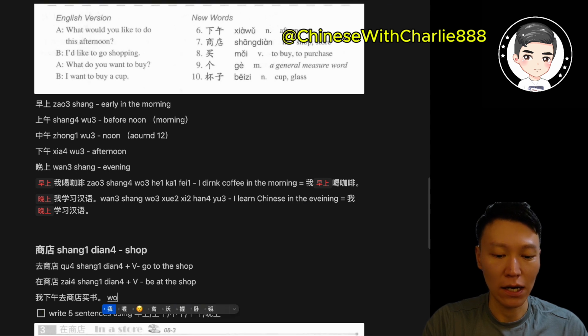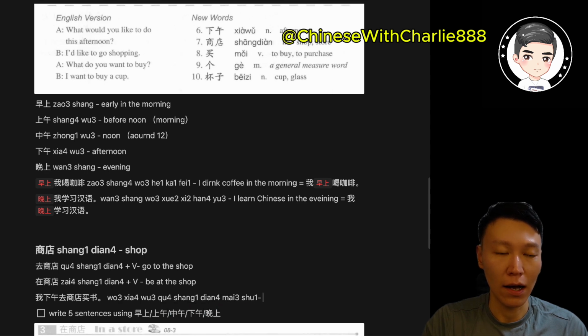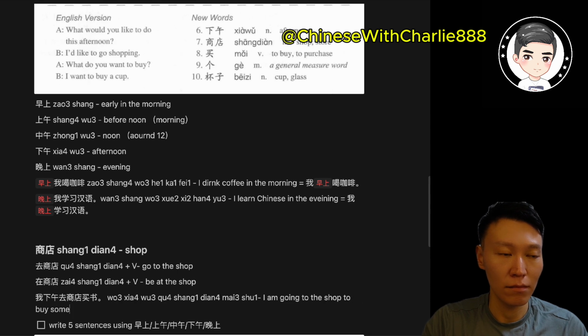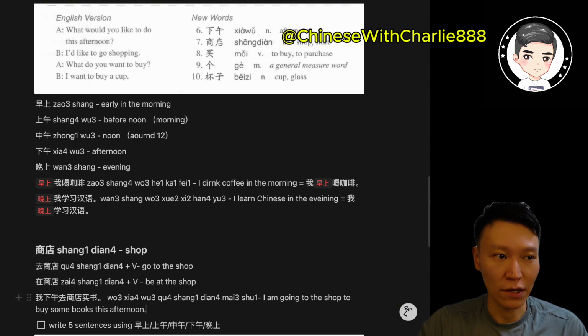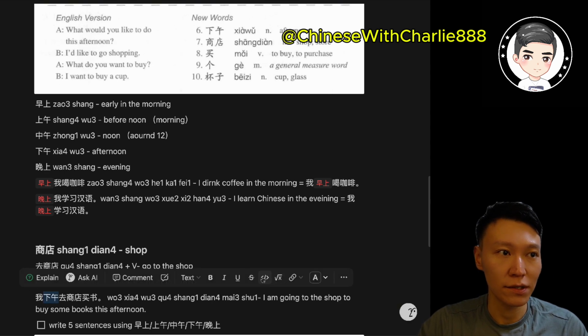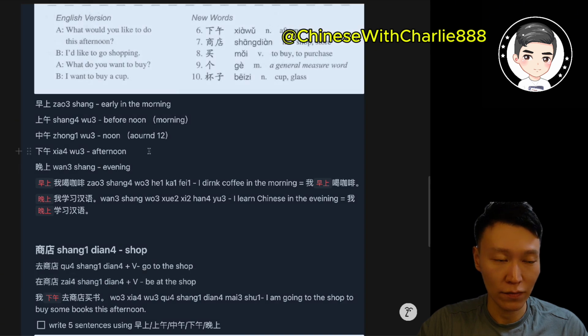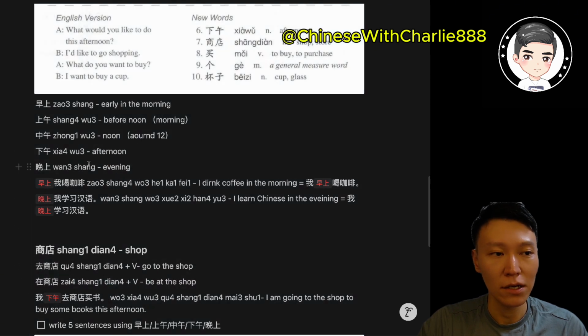I'm going to the shop to buy some books this afternoon. I want to mention it again, 下午 means afternoon, that is a time element, so we should put it either at the beginning of the sentence or in front of the verb.